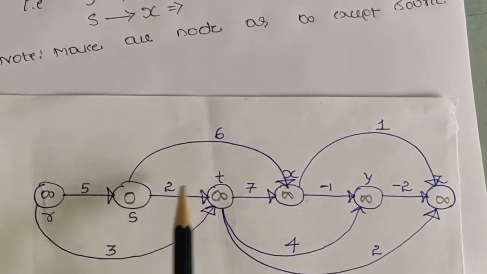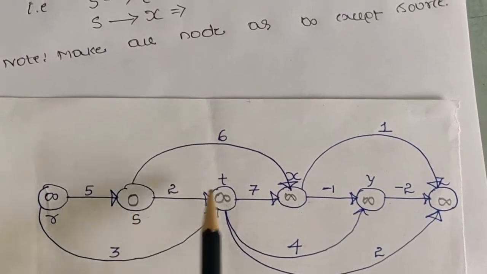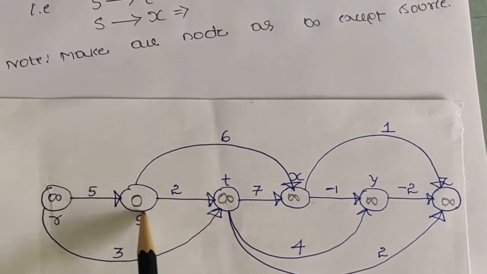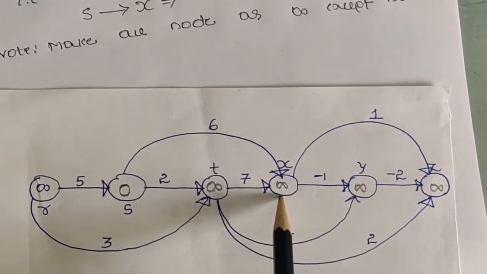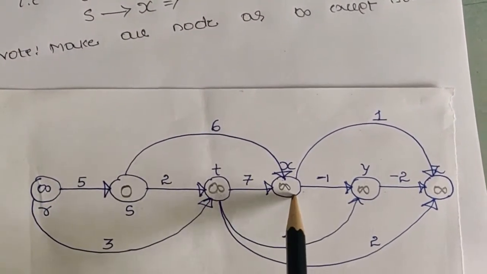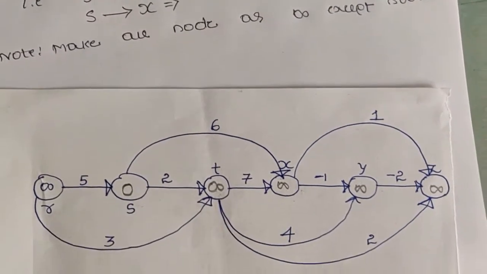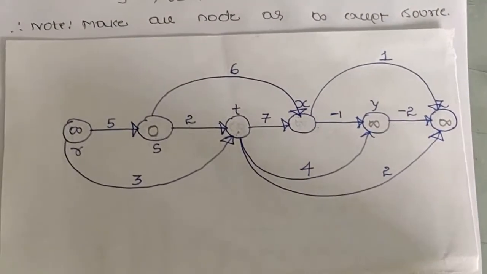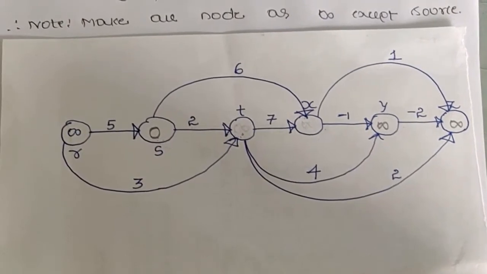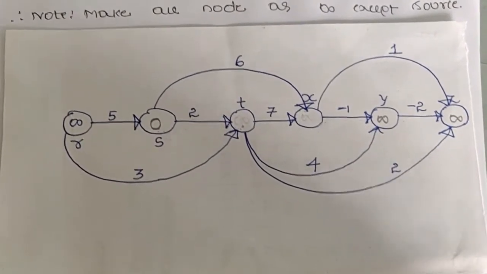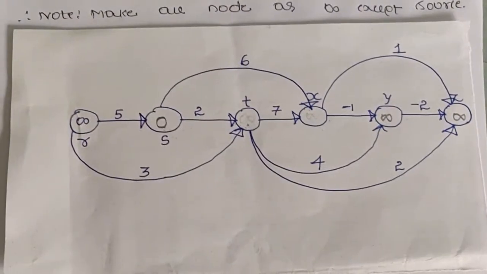Now we have to relax these two nodes, because S to T is infinity and S to X is infinity. Whether we can relax these node values by any other values instead of infinity, that we need to do now. Now we are done with step 1, that is we initialized the source value as 0 and the remaining node values as infinity.